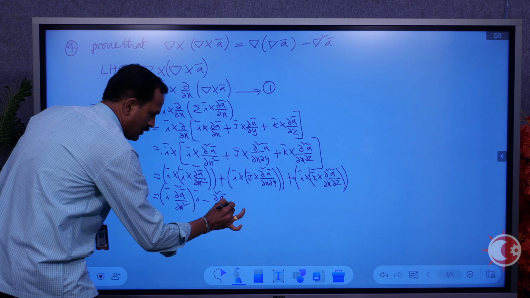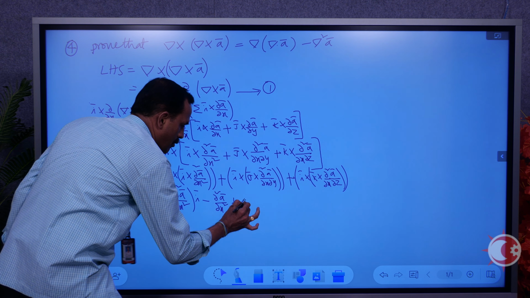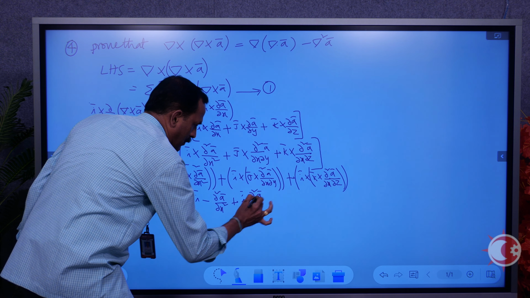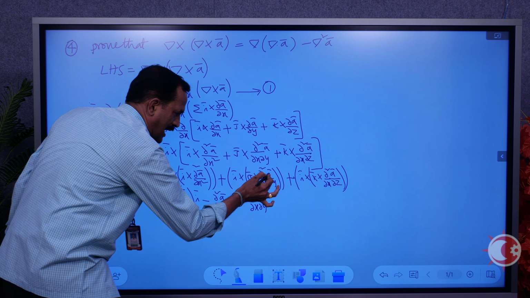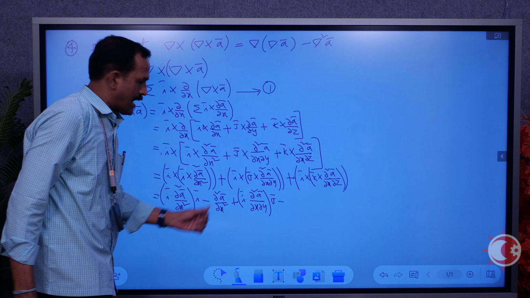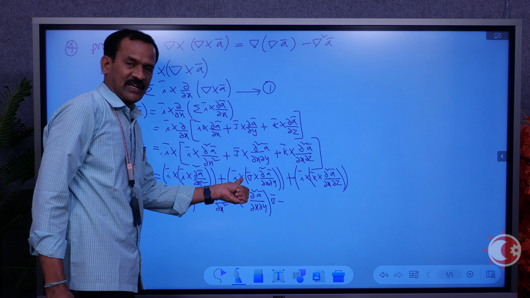This expansion. Plus i bar dot ∂²a bar/∂x∂y into j bar, minus i bar dot j bar, which will be 0 because they are mutually perpendicular unit vectors.